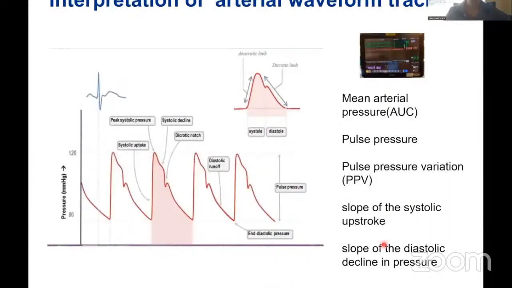Coming to the interpretation of the arterial waveform, the arterial waveform results from the ejection of blood from the left ventricle into the aorta during systole, followed by a peripheral runoff during diastole. This is the systolic peak, this is the diastolic blood pressure, and the mean arterial pressure is estimated by the diastolic blood pressure plus 1/3 of the pulse pressure, that is the difference between the systolic and the diastolic.